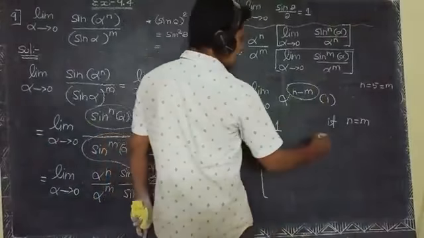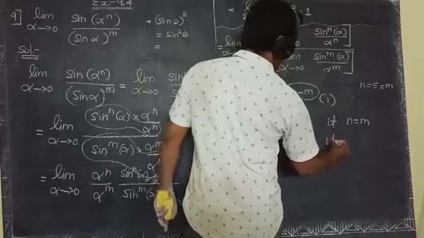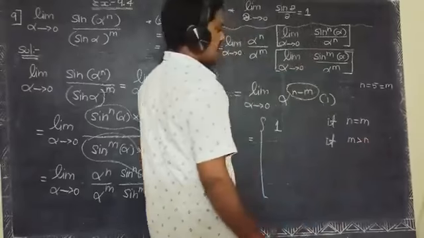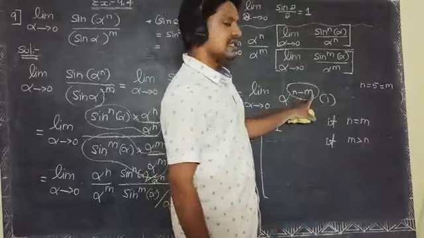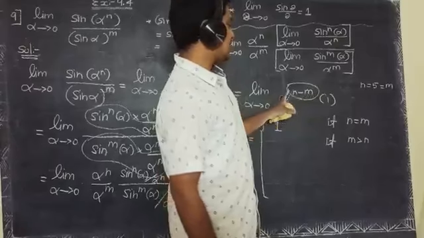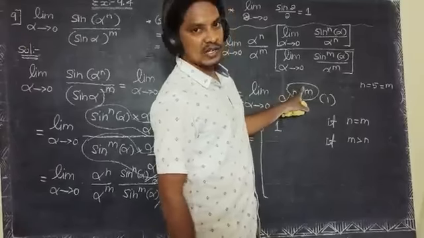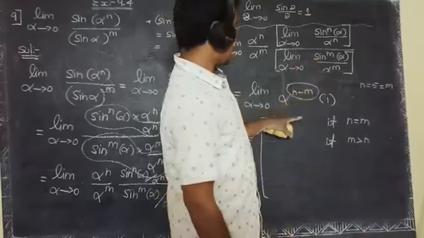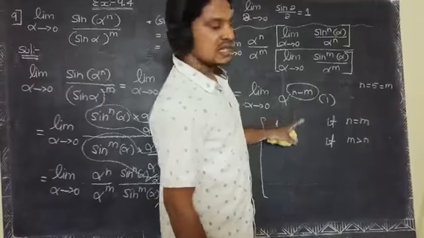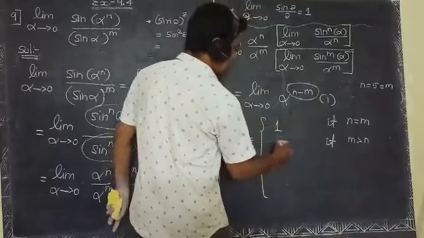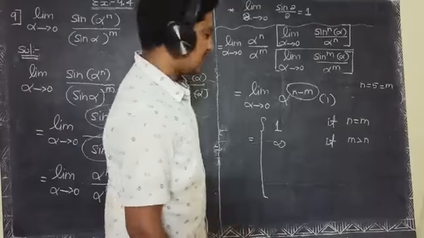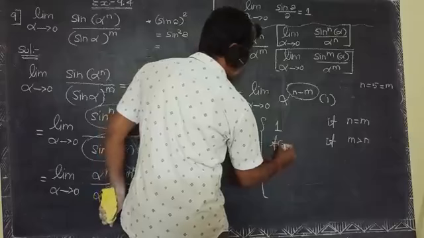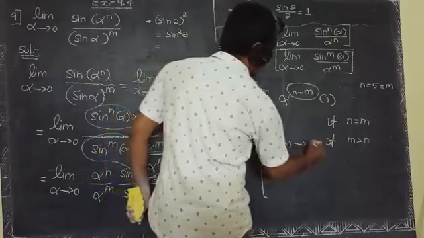Suppose m is greater than n. Then the result is alpha power a negative value, which means 1 divided by alpha. As alpha approaches 0, this approaches infinity, so f of x approaches infinity.